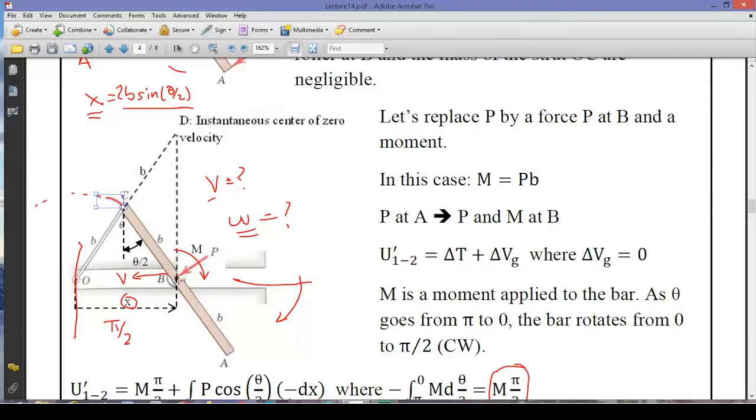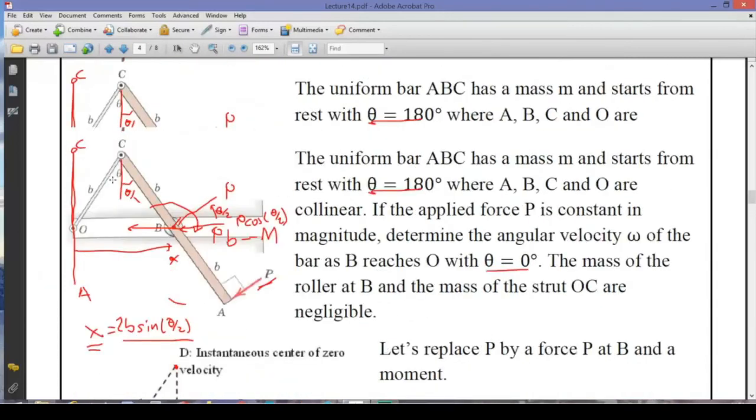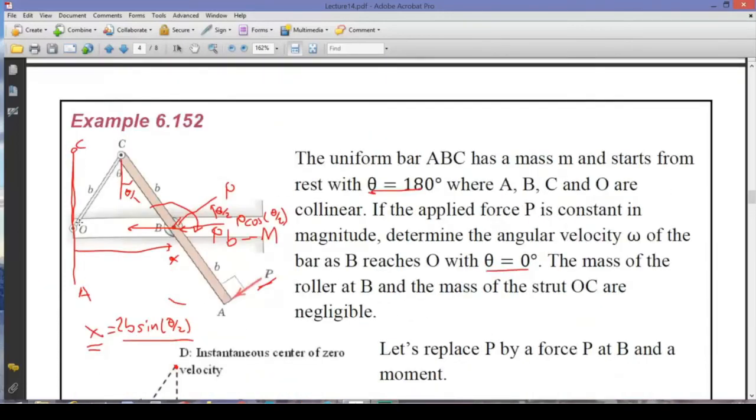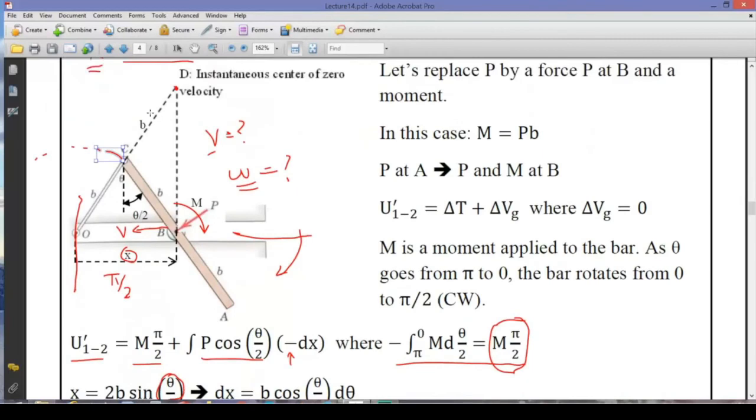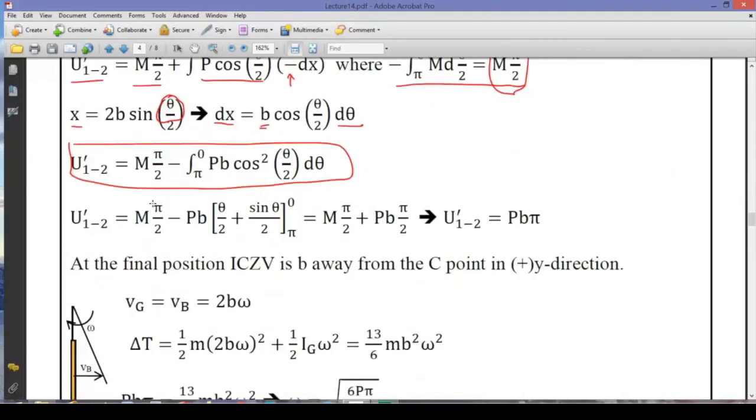Then perpendicular to the motion of this B point, which is always in the horizontal, we have a vertical line we can draw, and this point will be the instantaneous center of zero velocity. So at any instant, I can calculate that. And in the final instant, this instantaneous center of zero velocity will be located B away from this point.